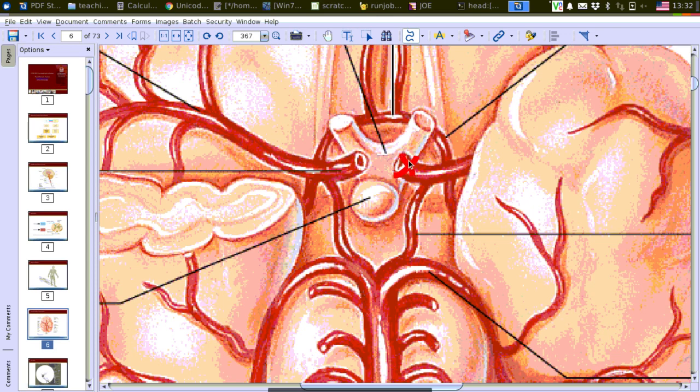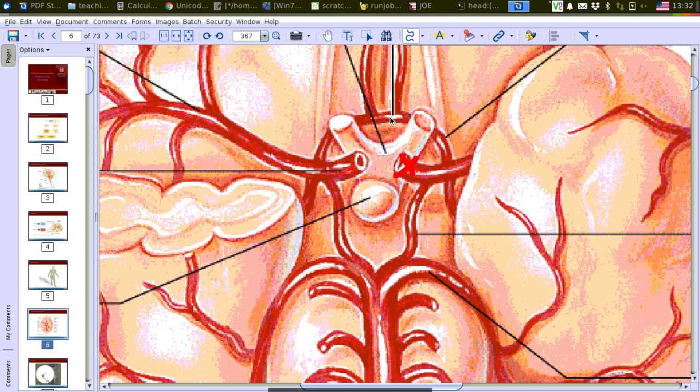But actually, nothing happens. What will happen if there is total blockage at this level here of the internal carotid artery? What will happen is that the blood on the other side, which is the right internal carotid, feeds through here. And normally it doesn't cross because there's pressure coming from the other side.